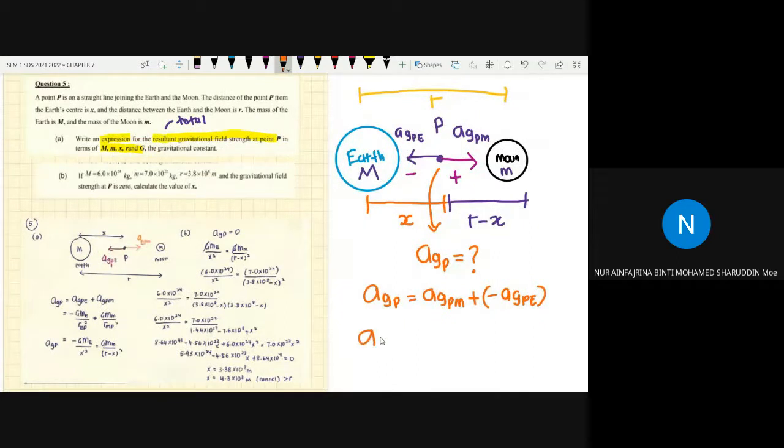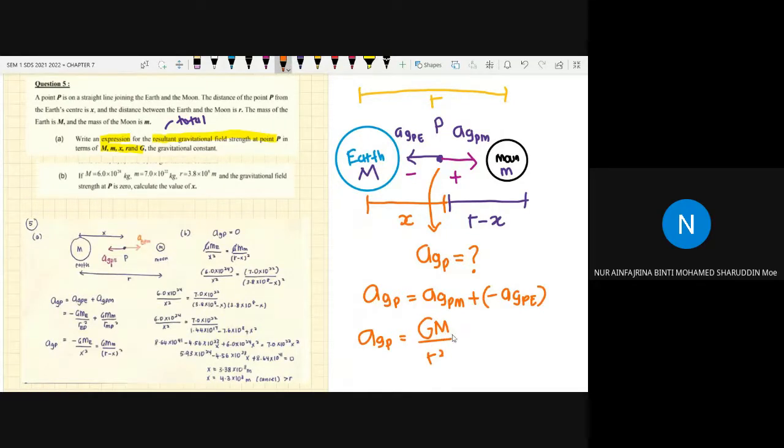So tulislah apakah formula untuk gravitational field strength. Yang kita tahu kalau formula gravitational field strength adalah GM over r squared.